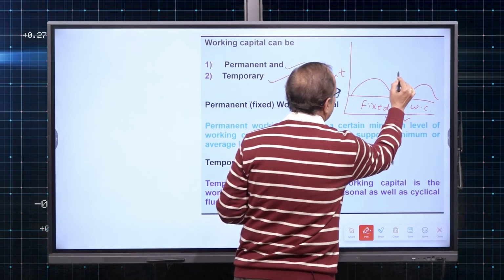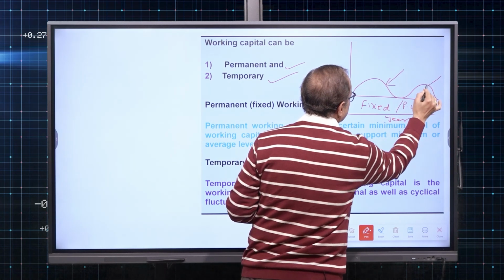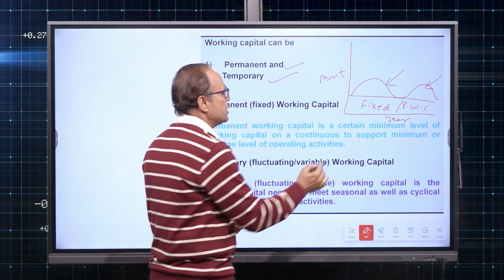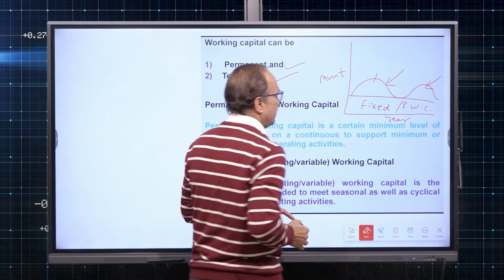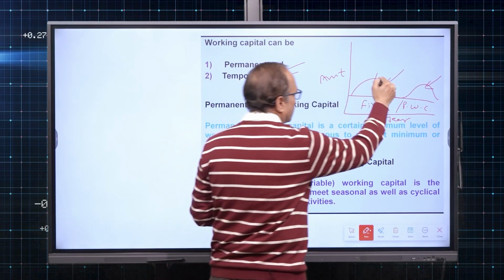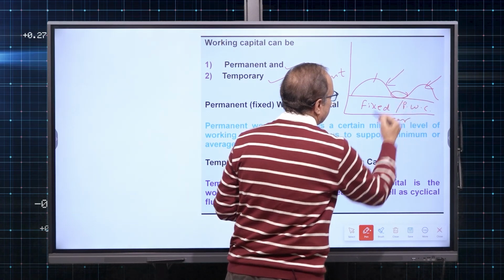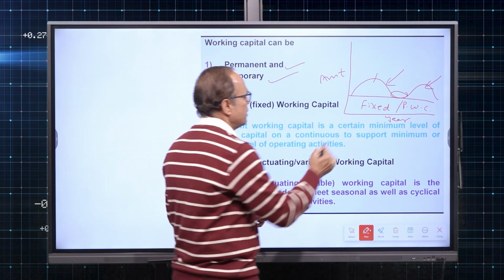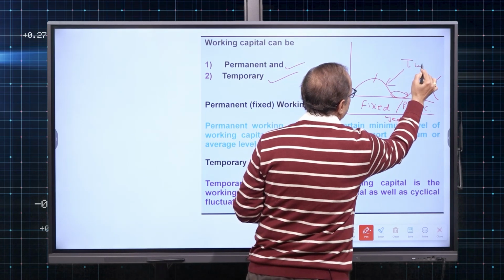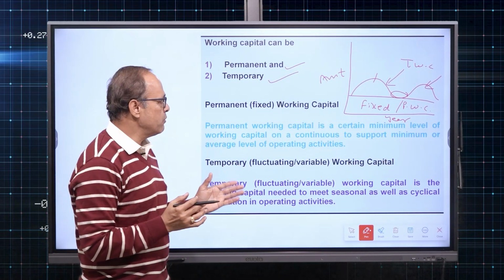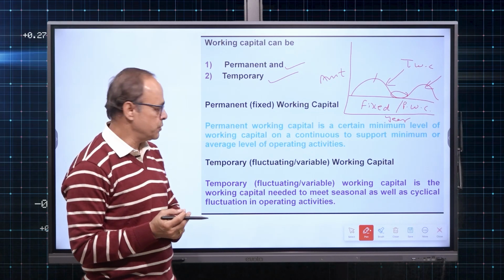However, temporary working capital will keep on changing. During the peak season, extra amount will be needed. The moment the season goes away, we need not go for the additional amount. So, this is the way temporary or variable working capital will be there. So, according to the dynamic approach, we have to focus on two levels of working capital.